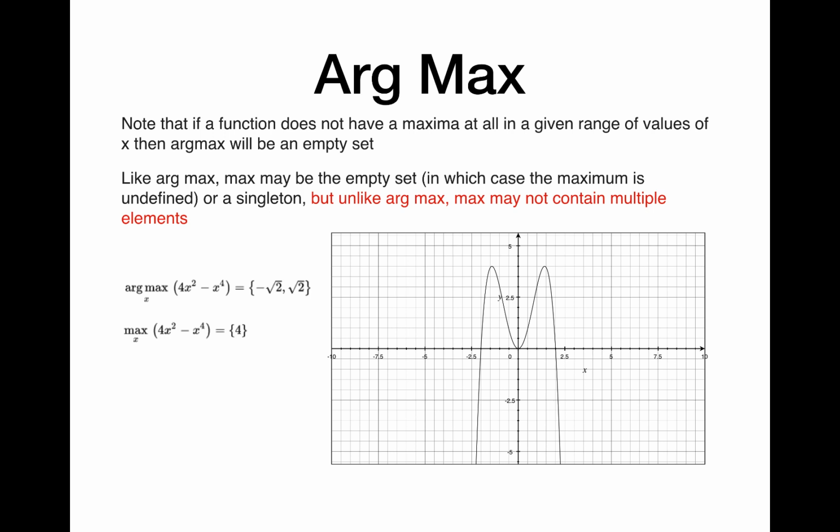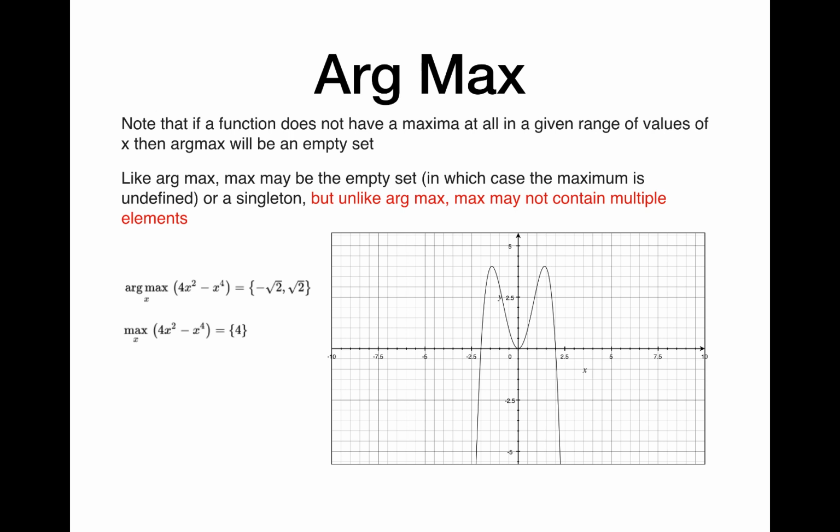but arg max of x, that is those values of x that give the maximum, will return two values, because in this case you can see that at minus square root 2 and plus square root 2, your function 4x² minus x⁴ is maximized, even though the two maximum values are the same, which is 4.